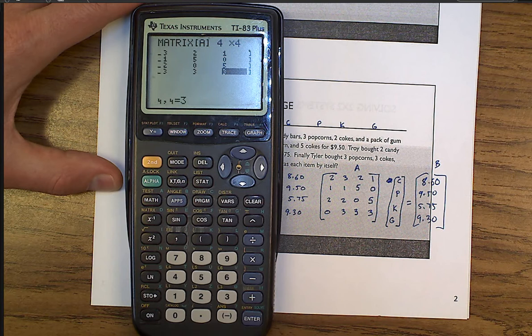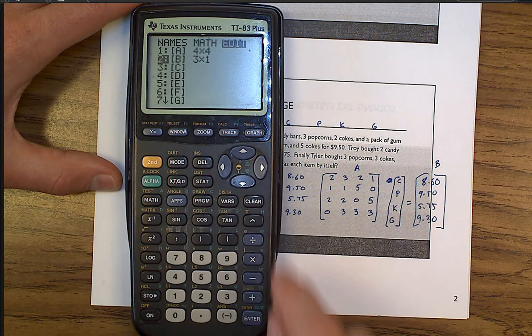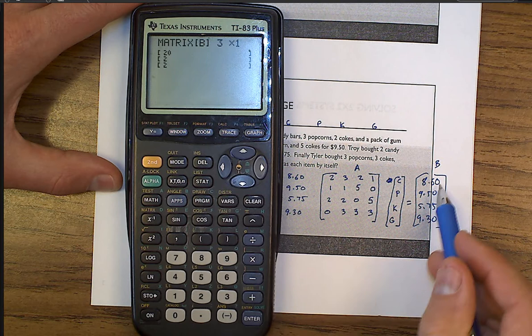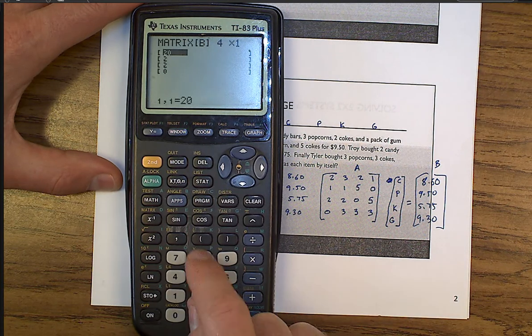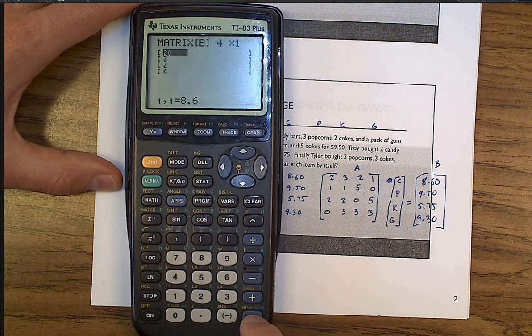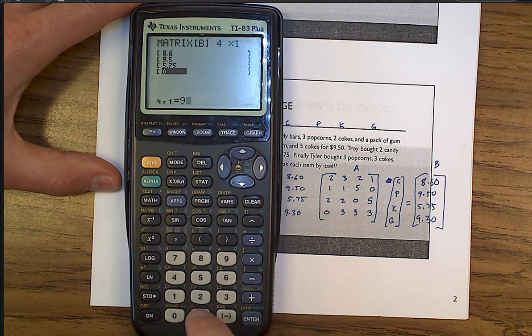Okay? Second matrix, edit B. B is 4 rows by 1 column, so 4 by 1, 860, 950, 575, and 930. Okay?